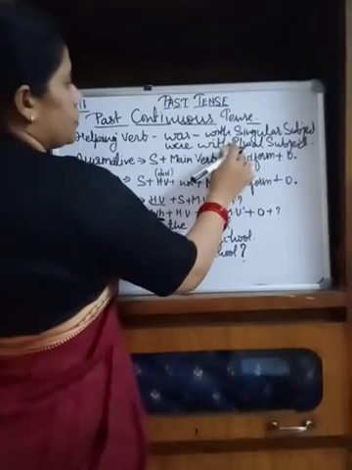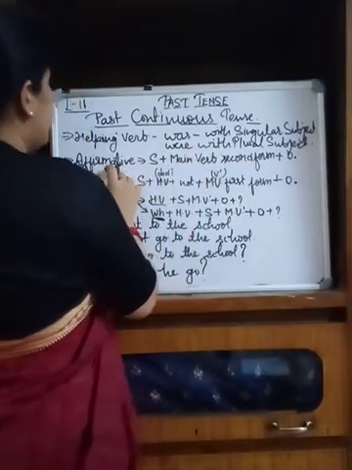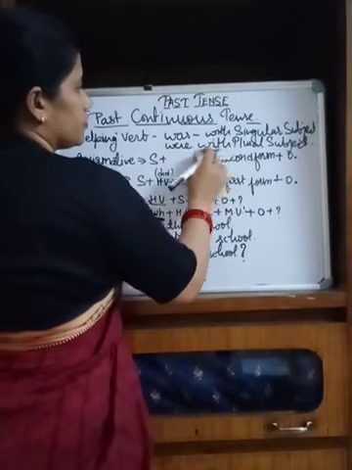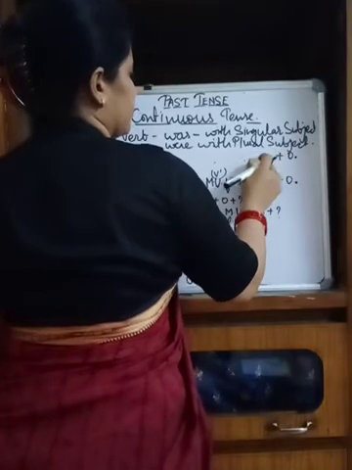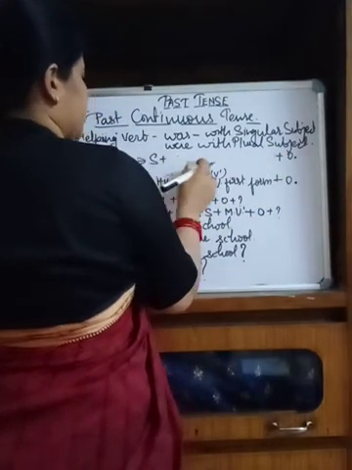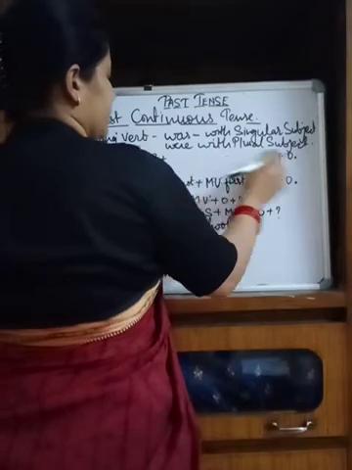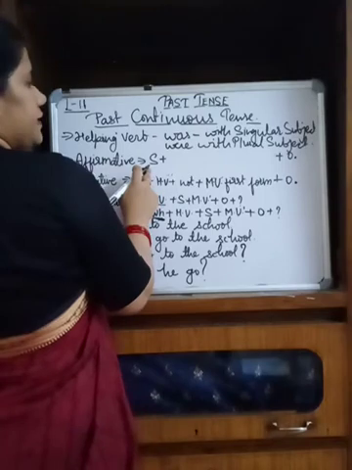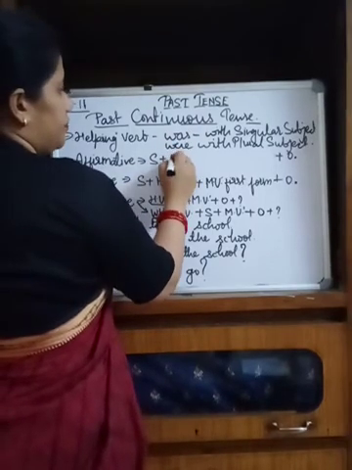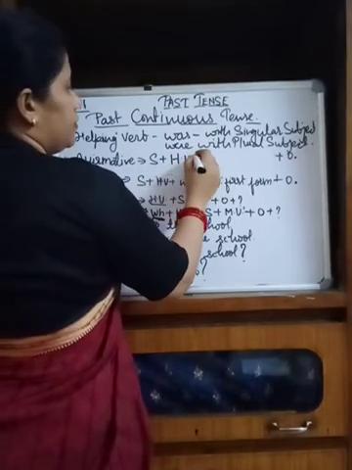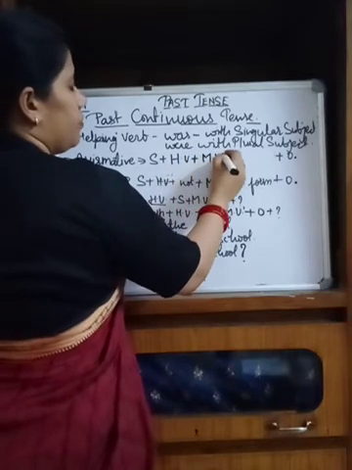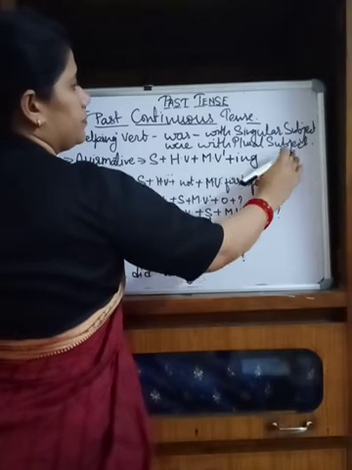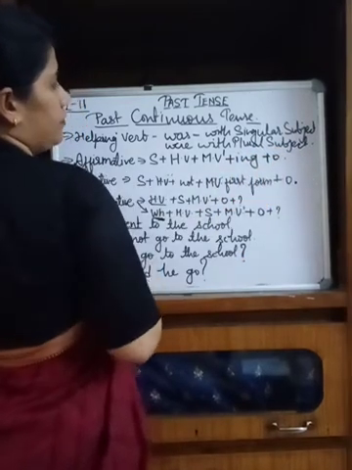Then the structure of the affirmative sentence is subject plus helping verb plus main verb, the first form of the main verb plus ing, plus object. Right? See the example.